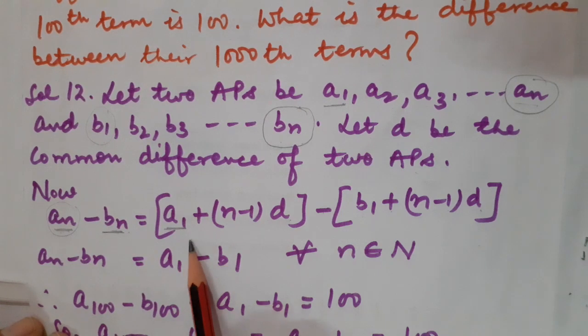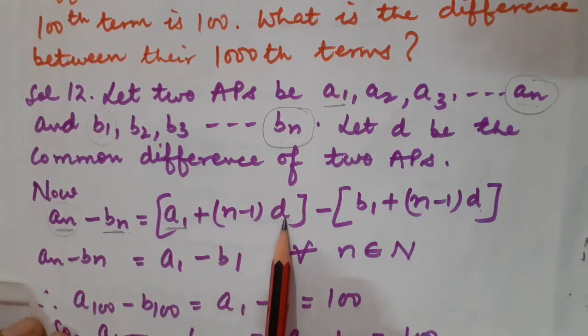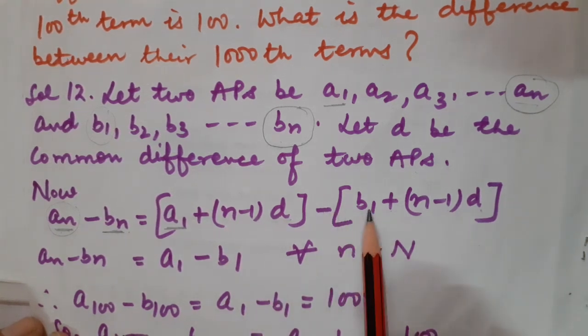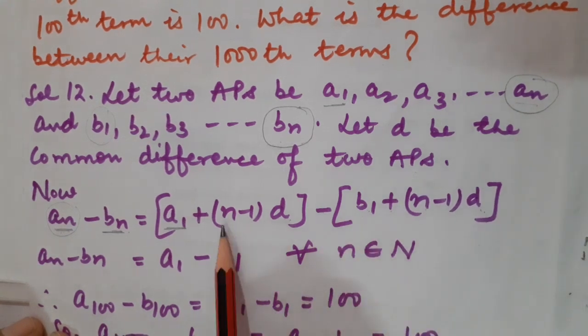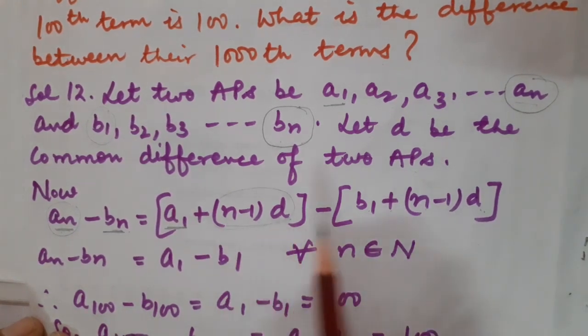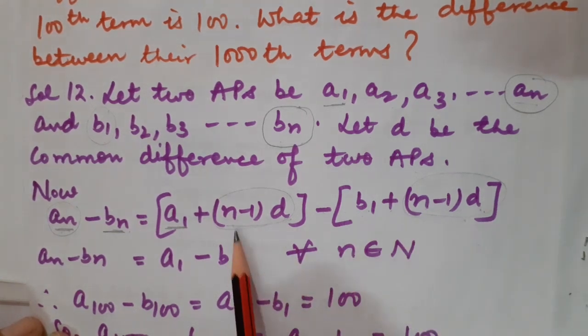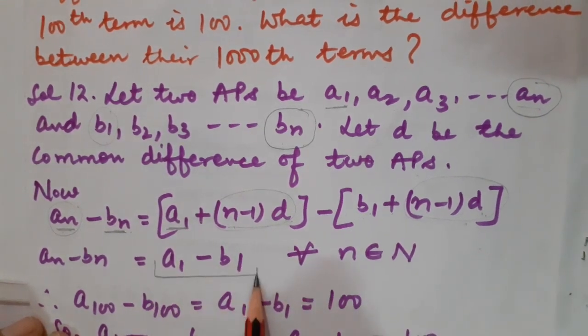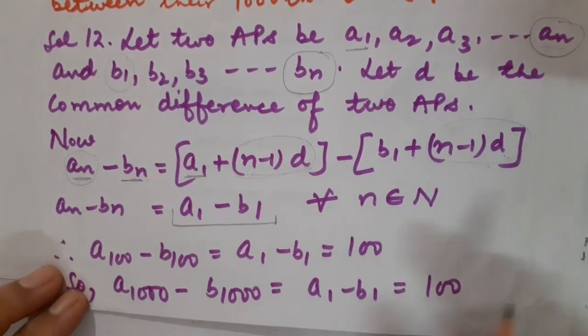Fine. Now I am going to open the bracket. Children, when I am opening it, it will become A1 plus N minus 1 into D minus B1 minus N minus 1 into D. So this is plus N minus 1 into D. This is minus N minus 1 into D. Both are going to be cancelled. So ultimately after simplifying them, I have got A1 minus B1. Correct?